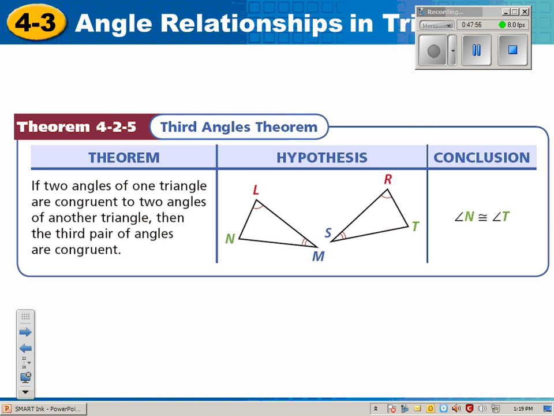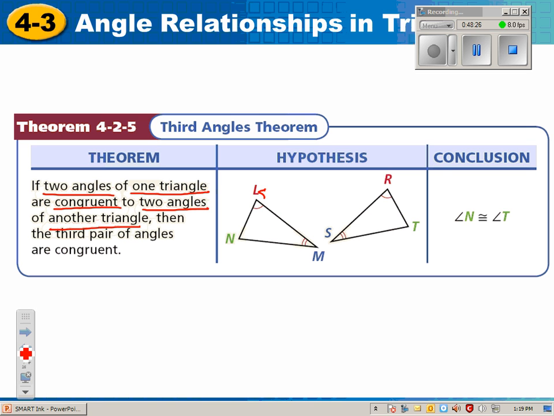Third angles theorem is our last theorem for today. It's exactly what it says. If two angles of one triangle are congruent to two angles of another triangle, since the sum has to be 180, if two of them are already the same and the other two are already the same, does it make sense that the third angles would have to be the same?